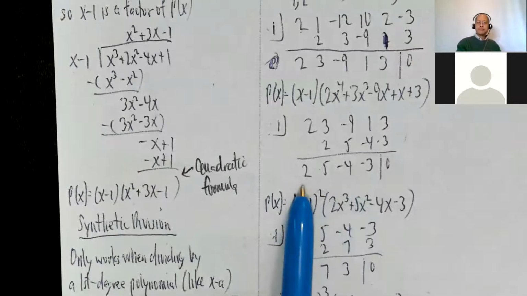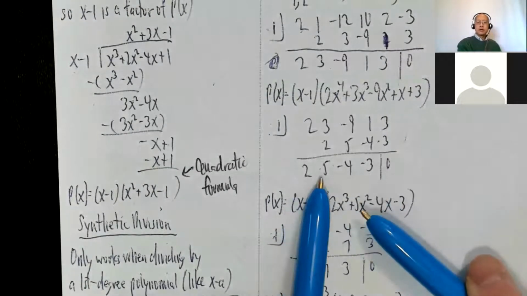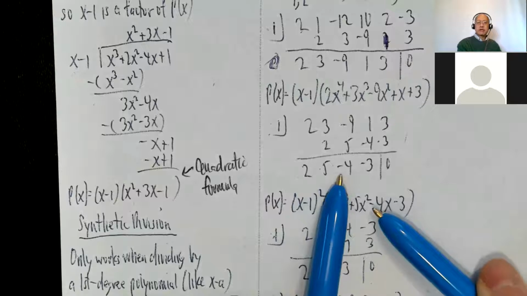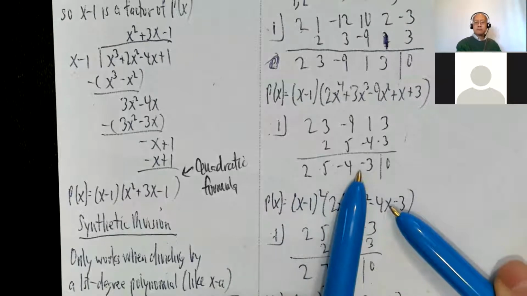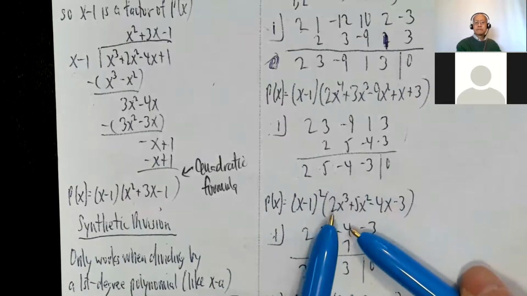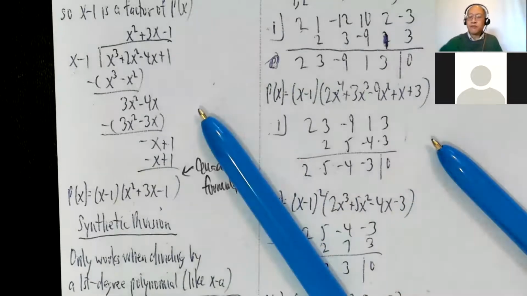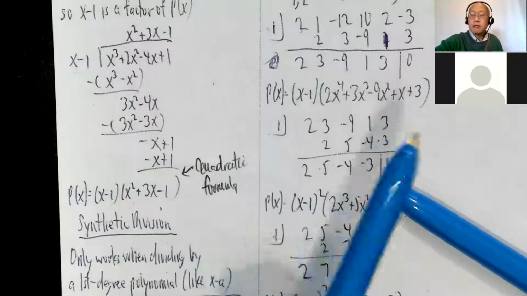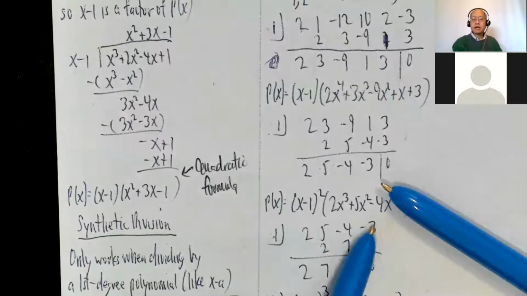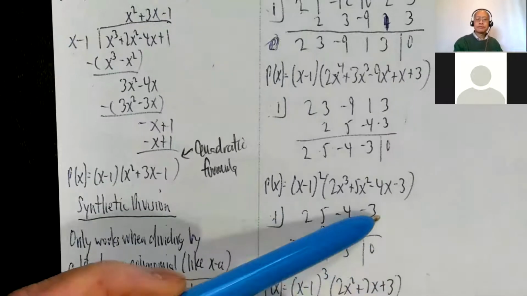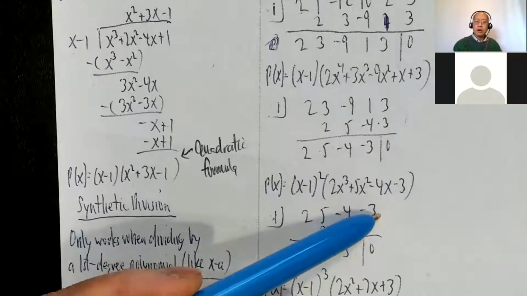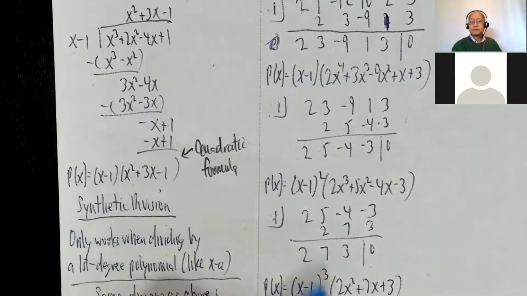And how do I read this? 2x cubed plus 5x squared minus 4x minus 3. And what do I notice? If I plug in 1, 2 plus 5 minus 4 minus 3 is 0. 1 works again.